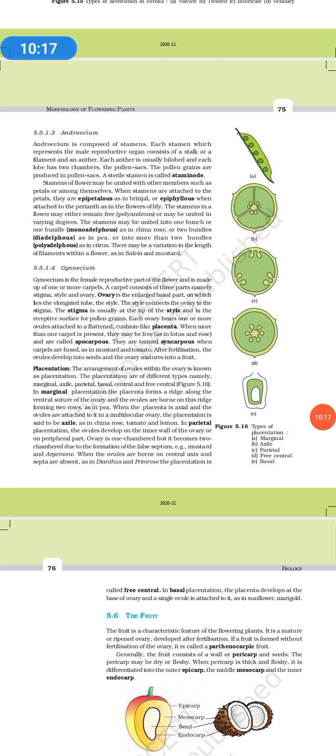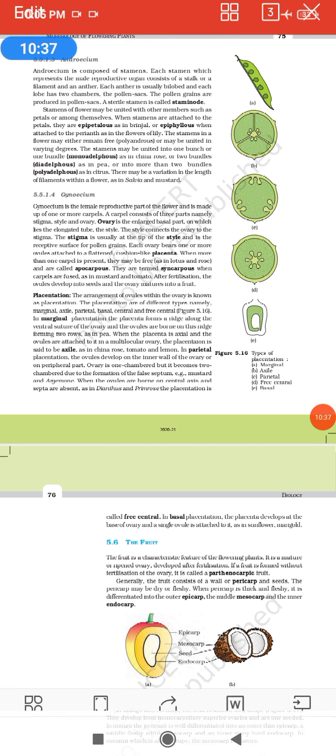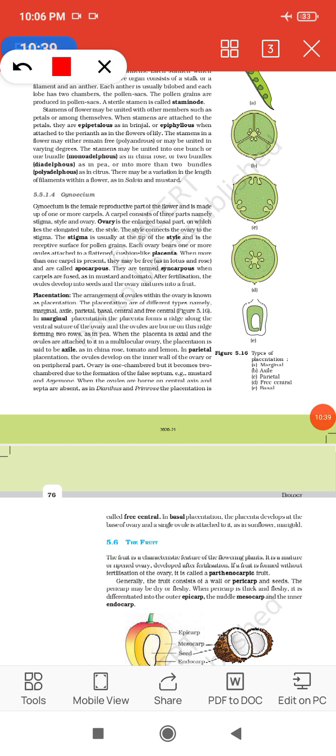Okay, so now talking about the various placentation. The arrangement of ovules in the ovary is known as placentation. The placentation may be marginal. It may be there in one of the margins that you see here. Or it might be axile, which is forming an axis, and you have the ovules at the center like this.